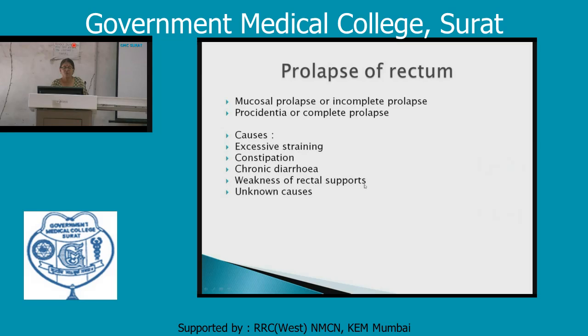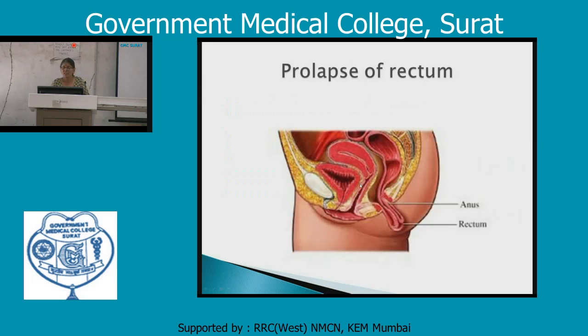And there are many unknown causes which can also lead to prolapse of rectum besides these known causes. So you can see here the mucosa of the rectum is prolapsed through the anus. See, this is something coming out from the anus. This is the prolapse of rectum.